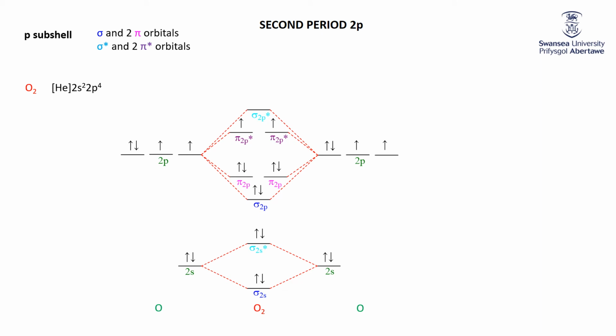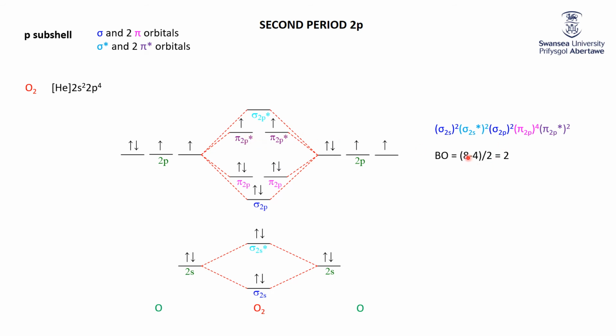Both go into the pi 2p star, the antibonding pi 2p, because these are of equal energy, you get 1 in each. Electron configuration: sigma 2s2, sigma star 2s2, sigma 2p 2, pi 2p 4, notice that, and then 2 in the pi star 2p.